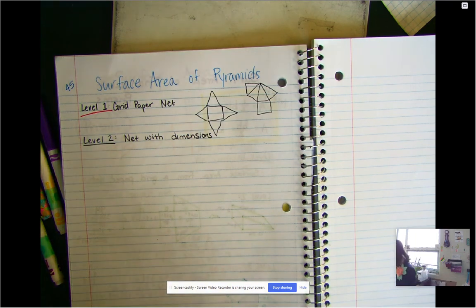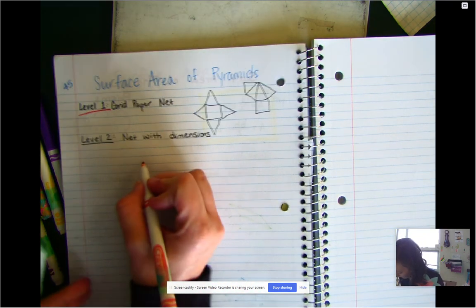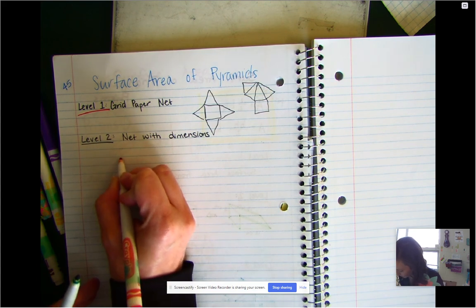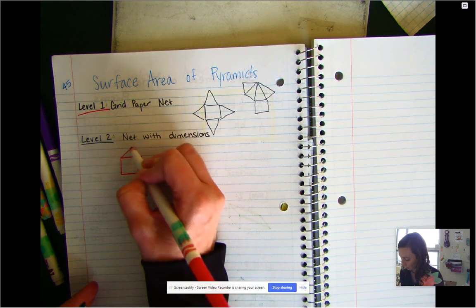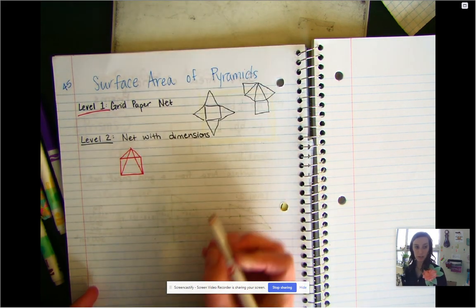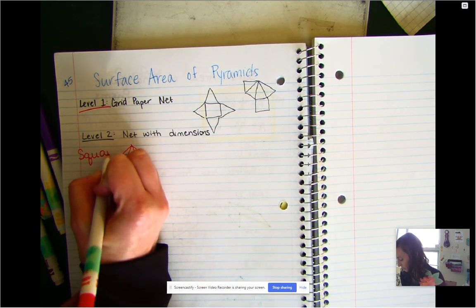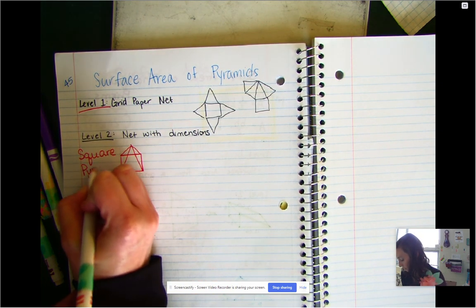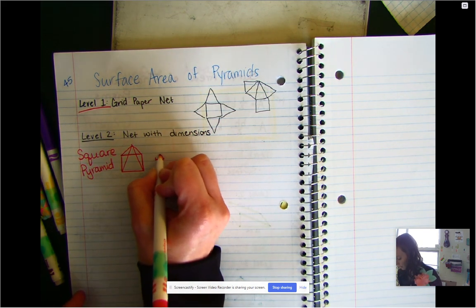We're going to start with square pyramids. So let's say that we have a 3 by 5 square pyramid. So we know we're drawing this pyramid, we start with a square, we find a point where everything's going to meet. This is a square pyramid because it has a square base. And they're going to give us the net.